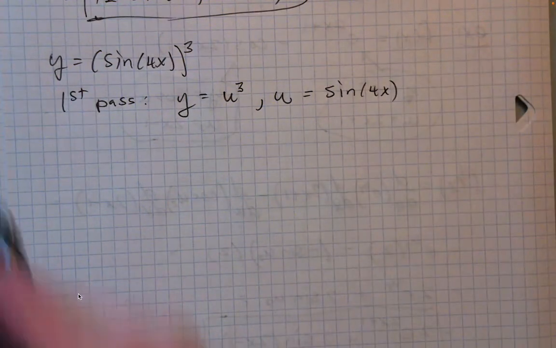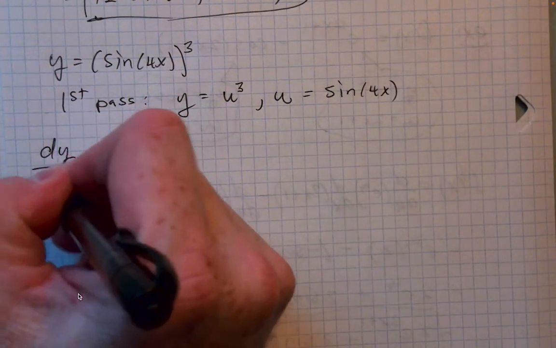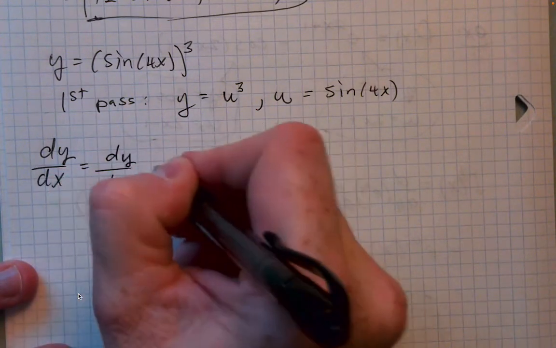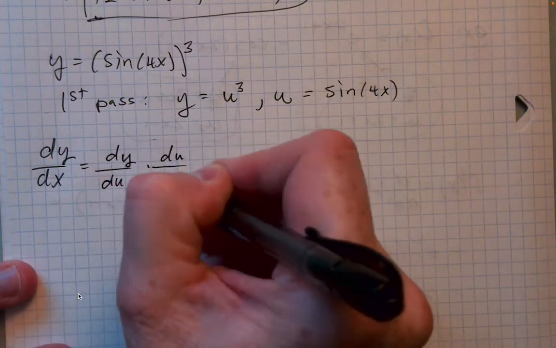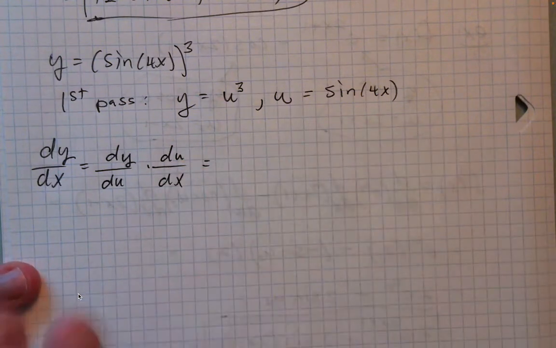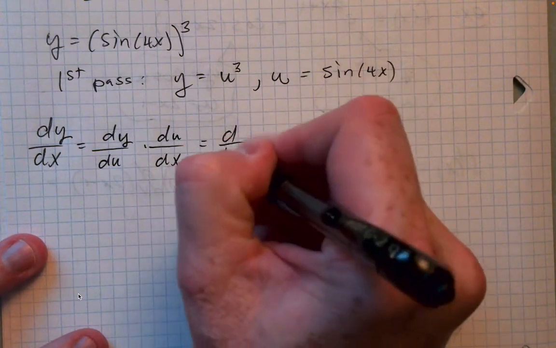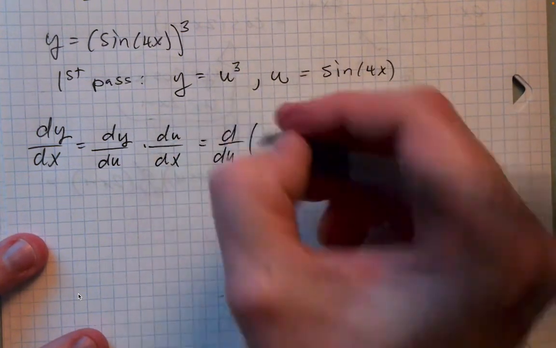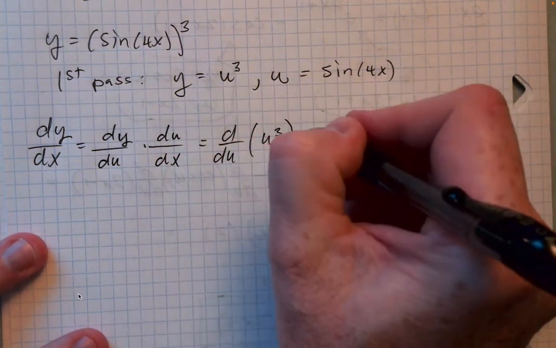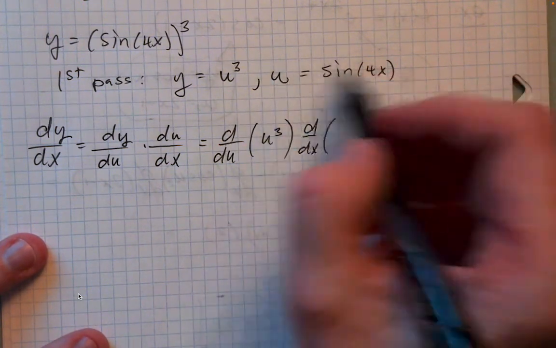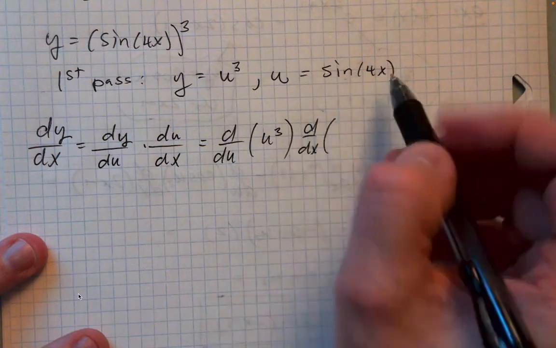Okay, so then dy/dx will be equal to dy/du times du/dx. I'm being very explicit with what I'm writing out here. So then it's d/du of u cubed, and then d/dx of u, which is the sine of 4x here.